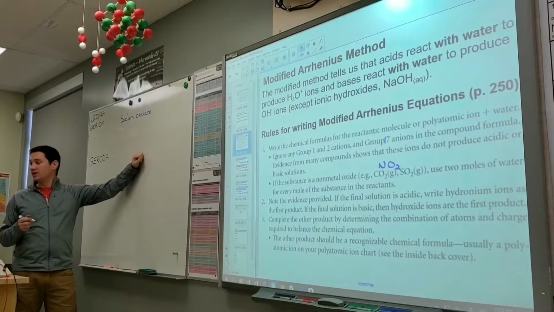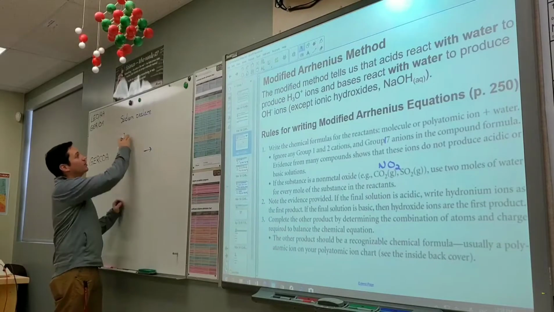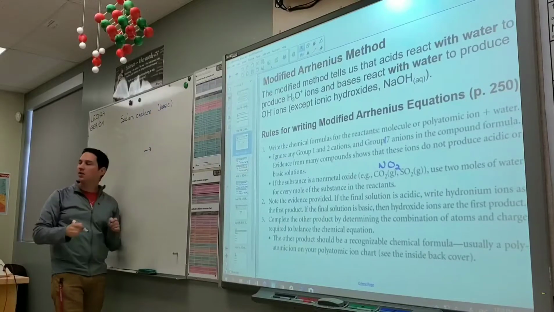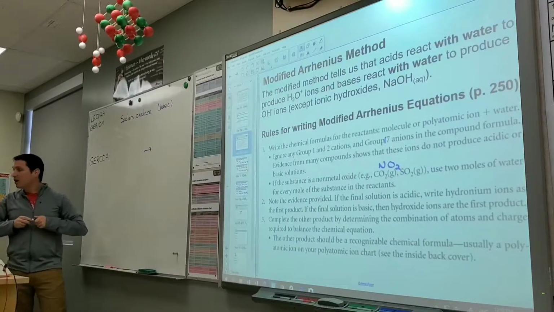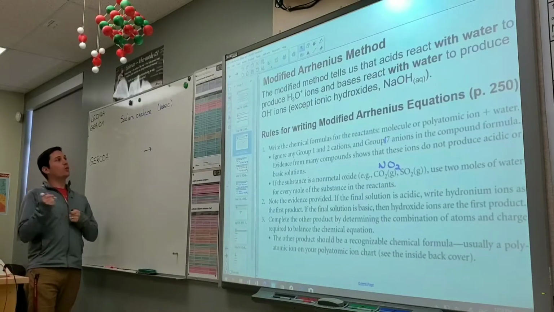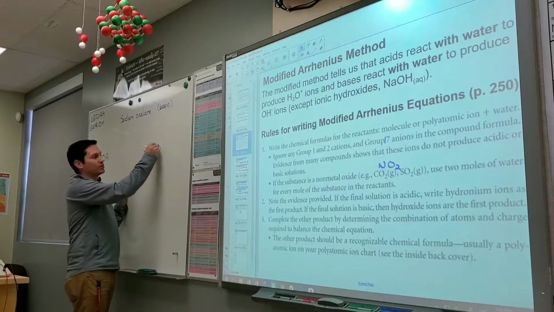It produces OH, right? So you're saying sodium oxalate and this solution is basic, so it has a pH greater than 7, or red litmus turns blue. What we want to say is that sodium oxalate, when we put it in water, is going to produce hydroxide.